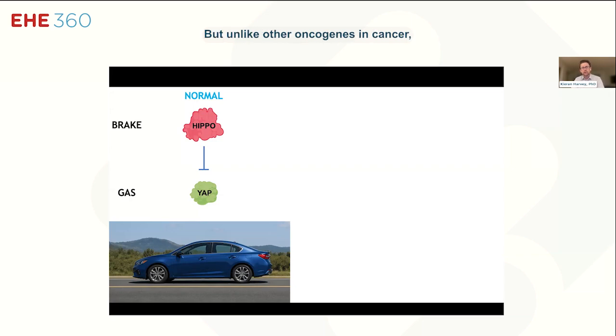But unlike other oncogenes in cancer, like RAS and RAF and PI3 kinase, we didn't really have many obvious activating mutations in YAP and TAZ in cancer. And so we were really intrigued when these papers came out that showed that TAZ initially and then subsequently YAP were fused to different other genes in the context of cancer. So this was a potential mechanism by which these oncogenes are hyperactivated. And so we were really interested in that.